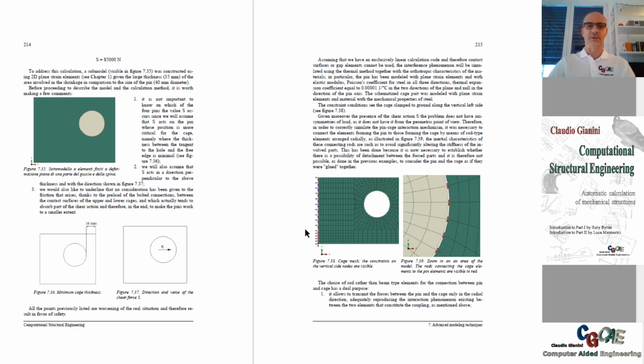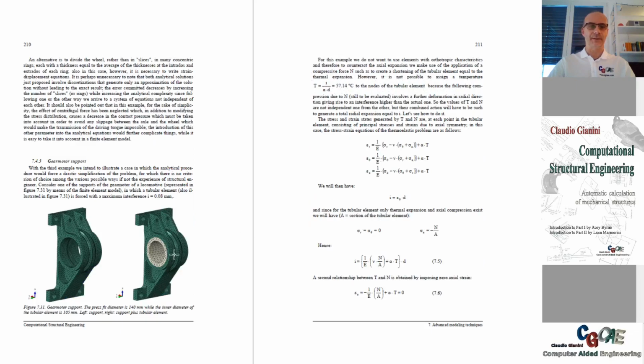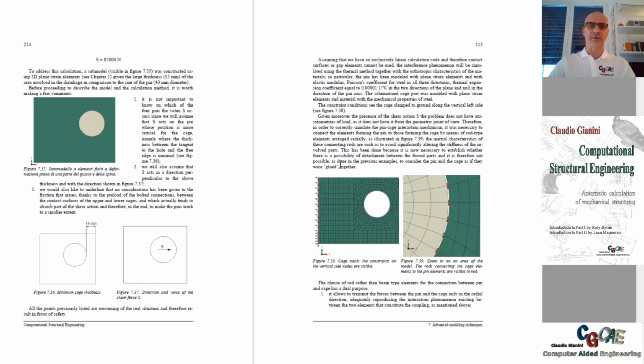Here a sort of hand nonlinear procedure is used: through the iteration of linear calculations, we come to the solution. This example will be repeated when we talk about nonlinearities in chapter 11.